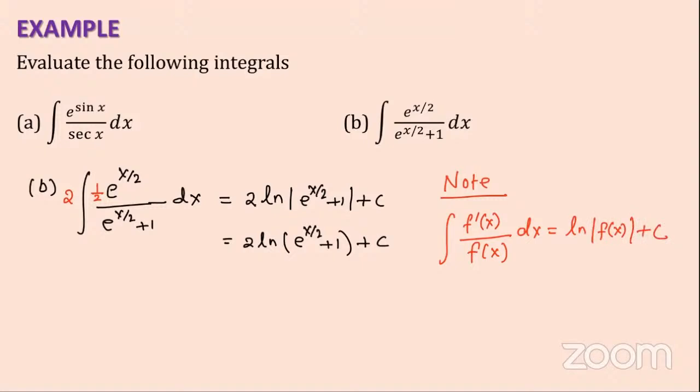One more time. If the derivative of denominator, see, f of x is the denominator. The derivative is f prime x. If the derivative of denominator is in the numerator, then the value of integral is equal to the natural log of the denominator plus C. Okay, very important technique for you.